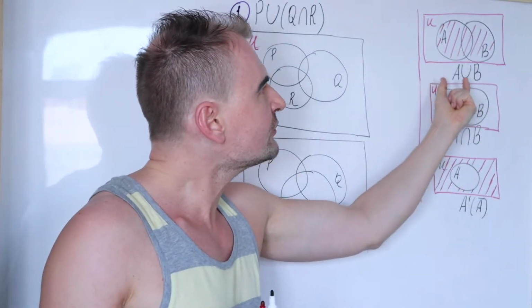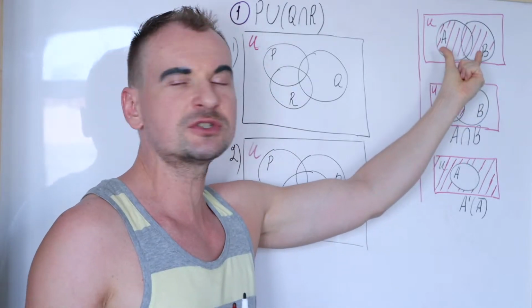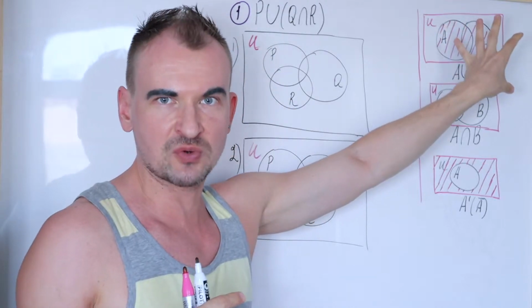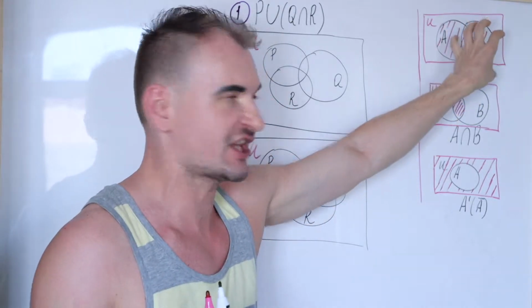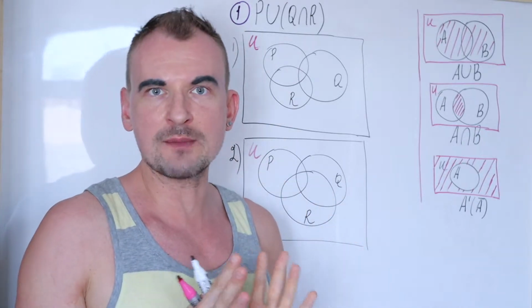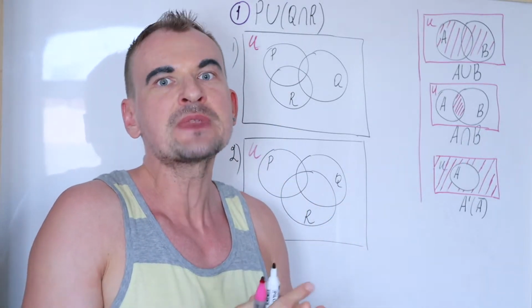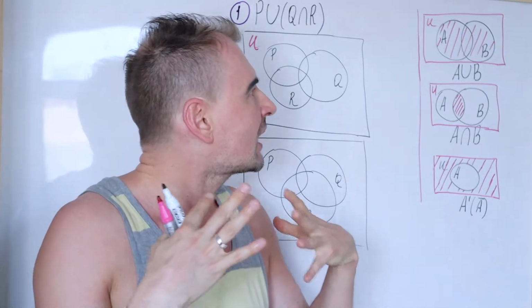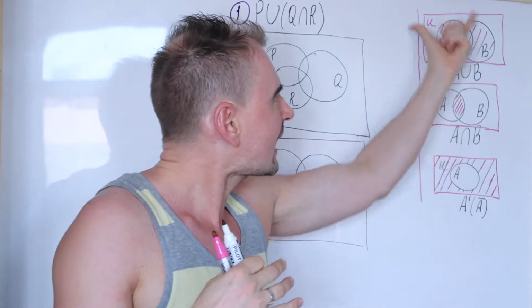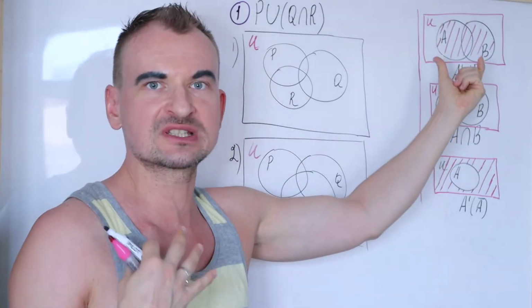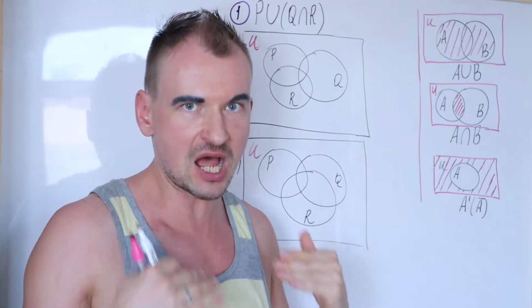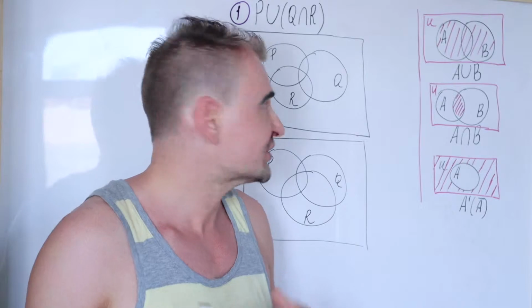For union, A union B, all you need to do is just shade or highlight A and B together, all these 2 sets. So these 2 sets, let's call them A and B, are going to be considered as subsets of a universal or universe set U that has to be fixed under our discussion.